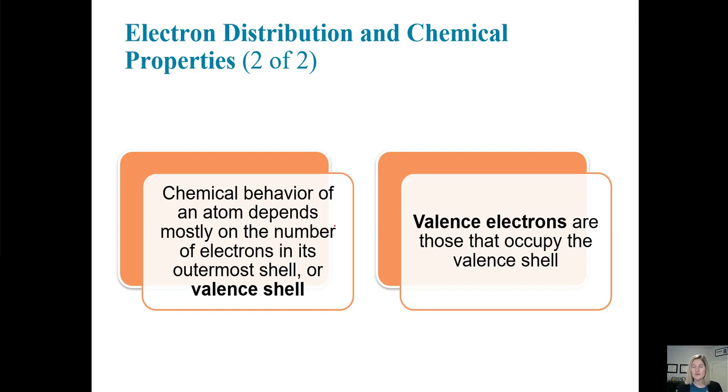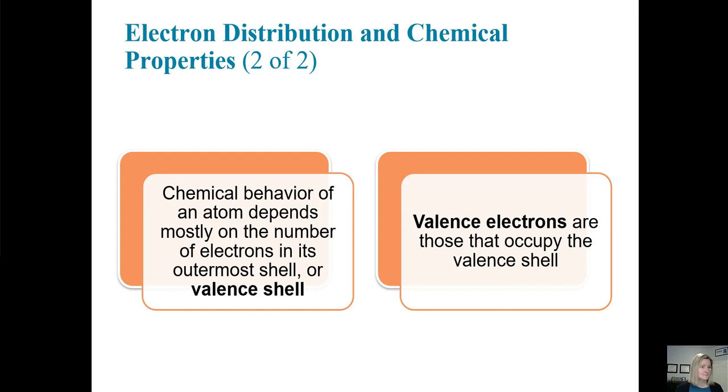Those that have completed their valence shells, meaning they've filled out their outermost shell with the correct number of electrons, are considered unreactive. That's where they want to be. Otherwise, if they haven't filled out their valence shell, they're going to be very reactive.